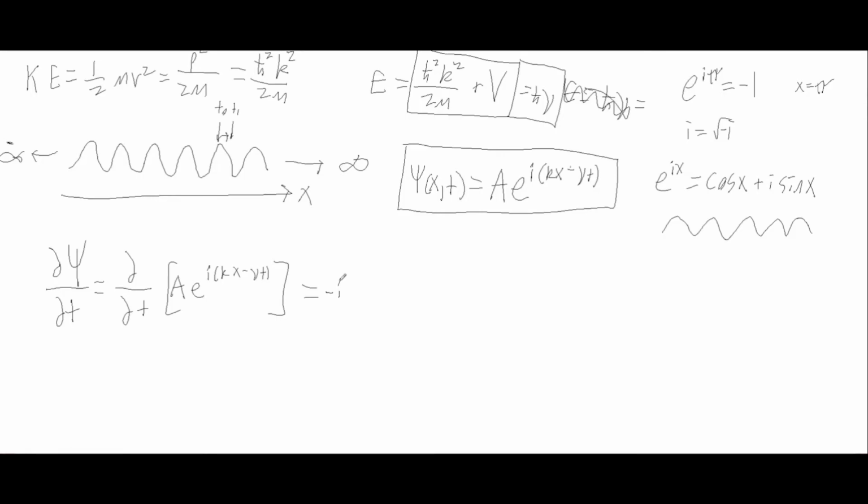minus i times nu, because with the e we're just taking the minus nu and the i down, because this i is distributed over to here, down in front of the function, and that will be multiplied by the a e to the i(kx minus nu t).